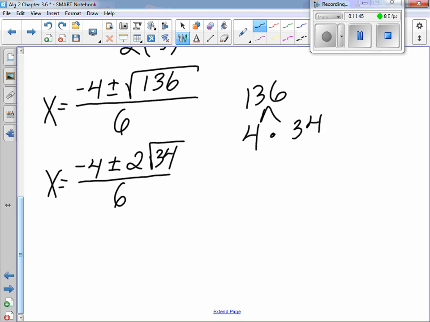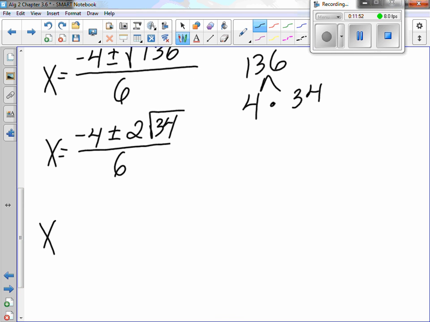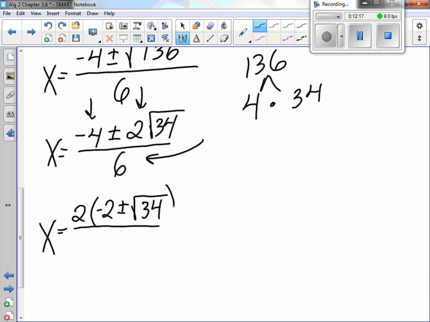Now, most likely, I have a feeling that Big Idea Math is going to count this wrong if you put this as an answer. Because if we look at this here, is there a greatest common factor between all three of these, the two terms and the one on bottom? 2. There's a greatest common factor of 2. So one way we can do this is I can factor the 2 out, which would leave us with negative 2 plus or minus the square root of 34 over 6.